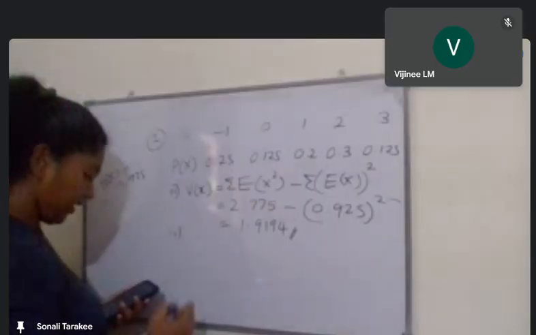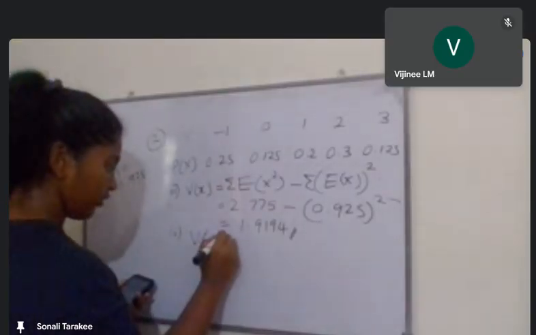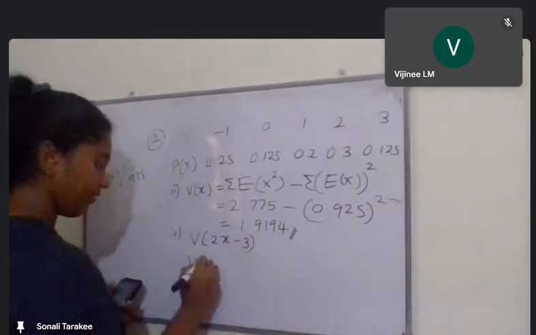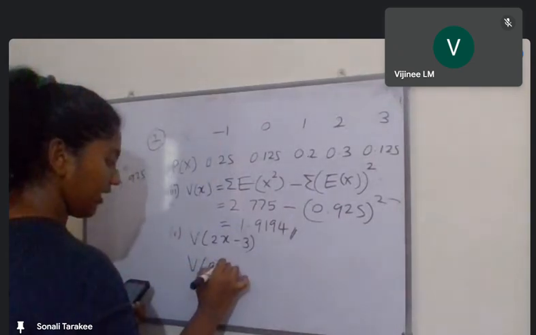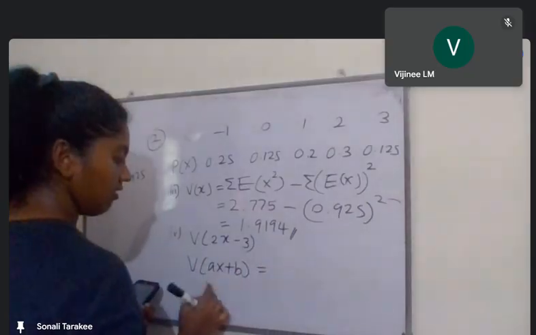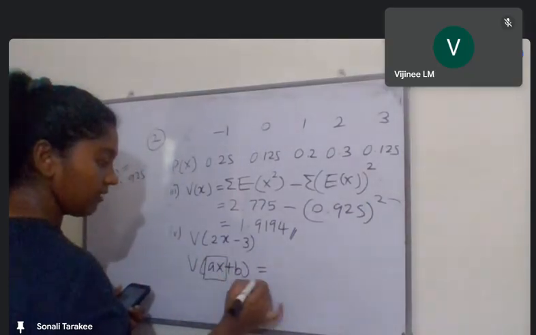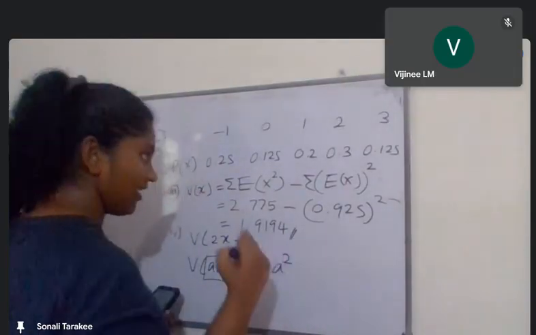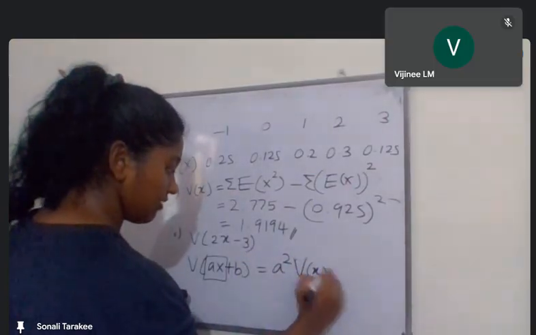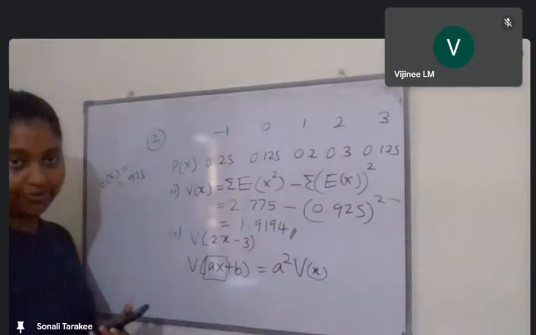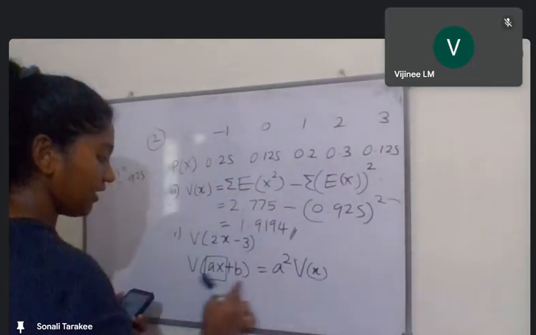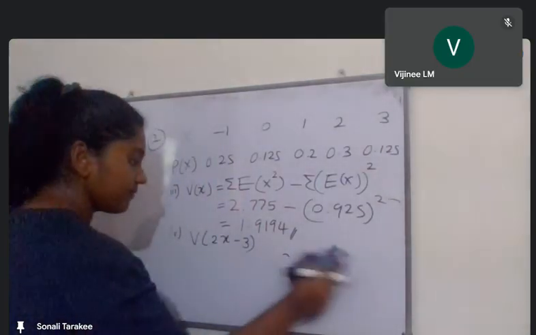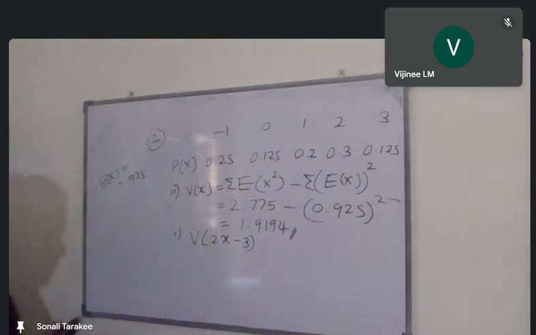Fourth one. Find the value of V(2x minus 3). Now we know the theory. If we have something like this, V(ax plus b), the one with the x term, we take the constant out and square it. a squared V(x), b we will ignore. Okay. So a squared V(x) is equal to V(ax plus b). Similarly here, V(2x minus 3), we ignore the 3.